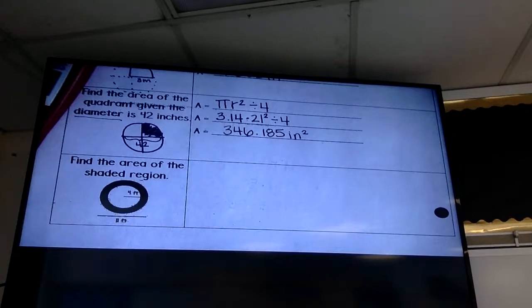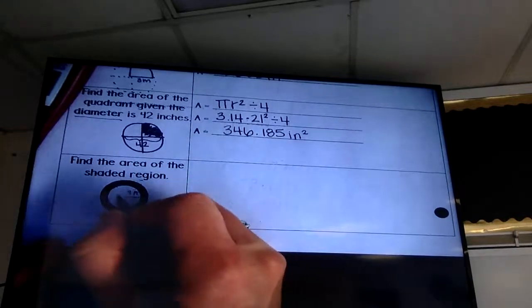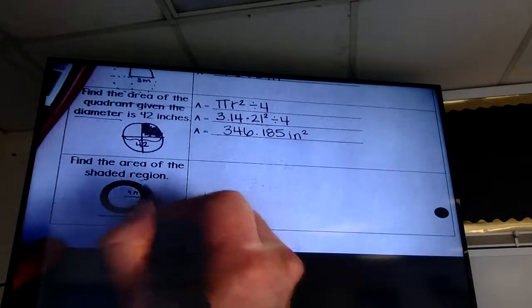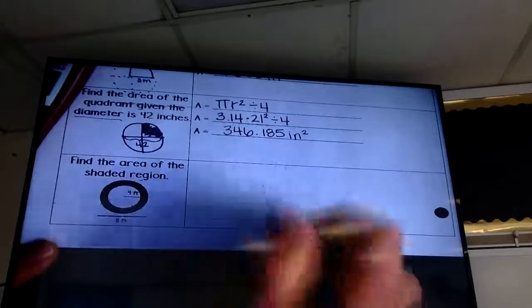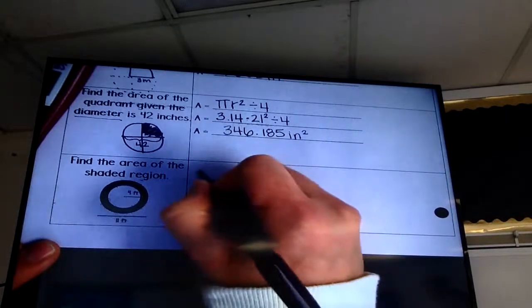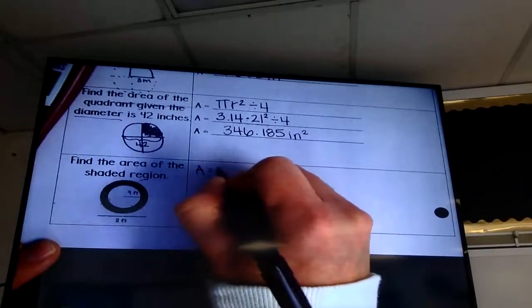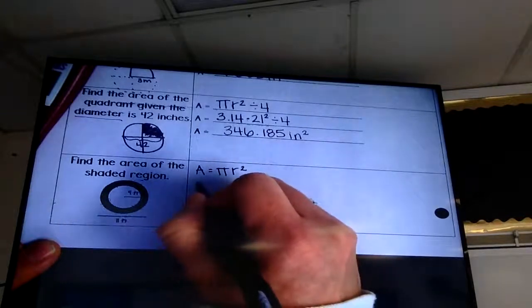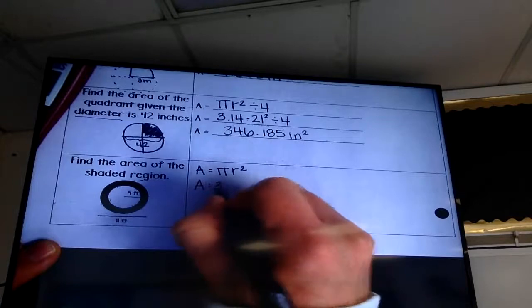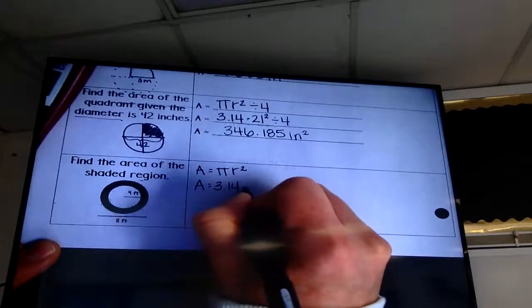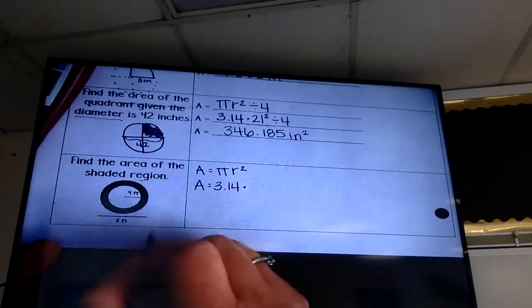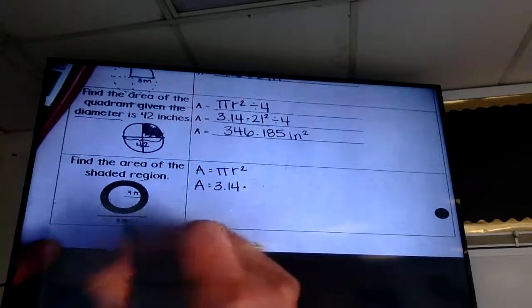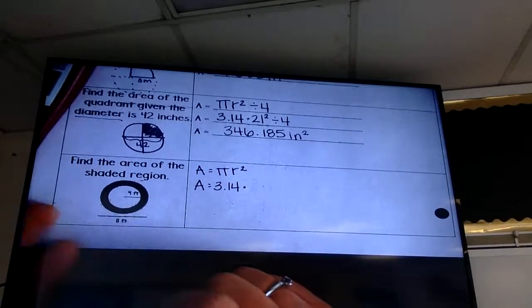It's a 3-step problem. So the first thing I'm going to do is pretend that this cookie is all the way filled in and that it is one giant black circle. So I'm going to say area equals pi r squared. I always start with my formula. I don't know the area, but I know pi is 3.14 times my radius. I don't know my radius, but I do know my diameter is 11.